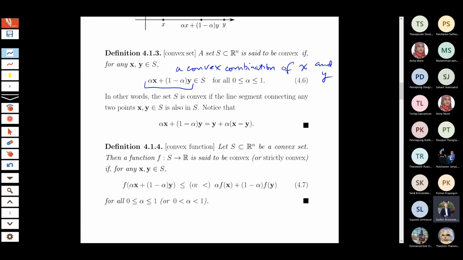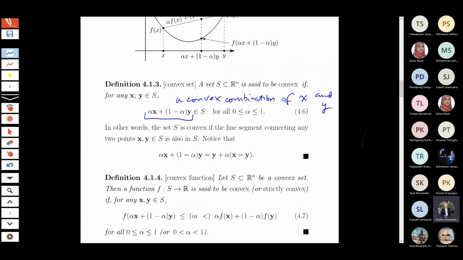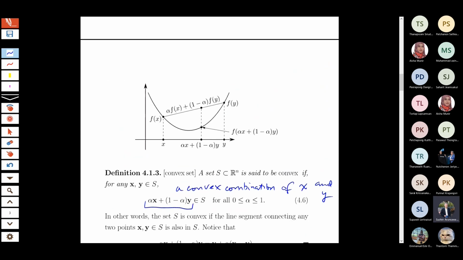Now, what is the meaning of the convex combination of x and y here? Suppose this is the point x, and this is the point y in Rn space. This is the vector x, this is the vector y, and this is the reference point 0.